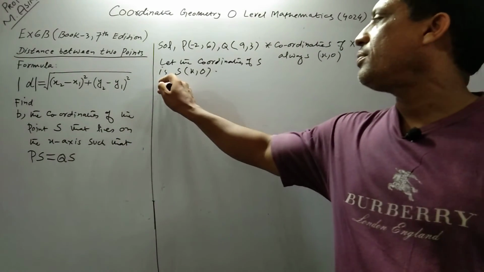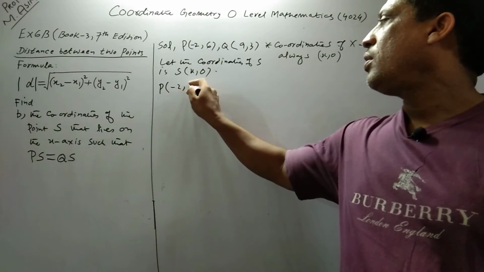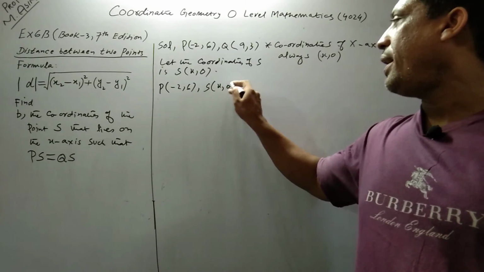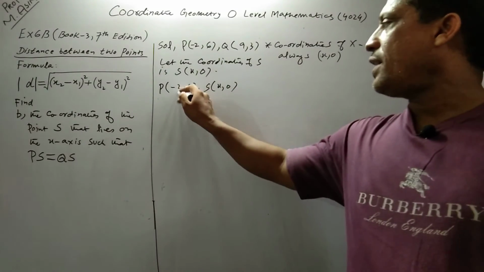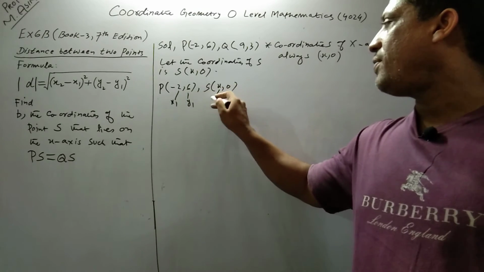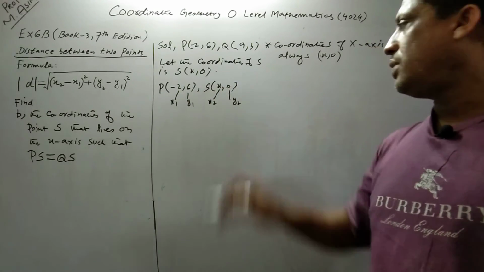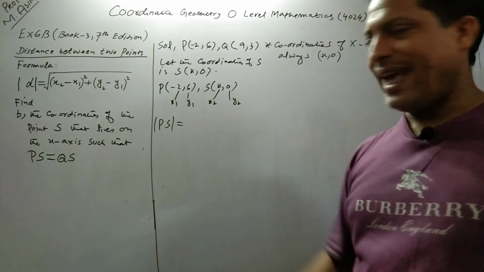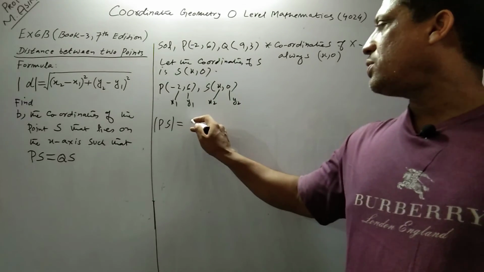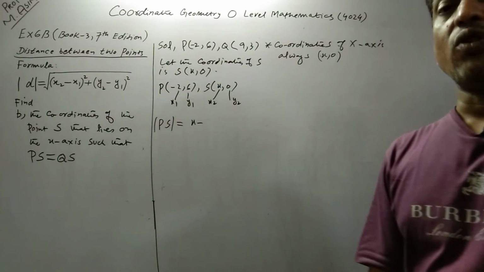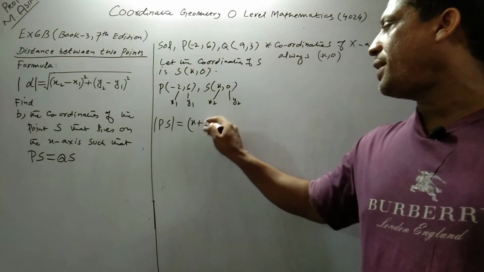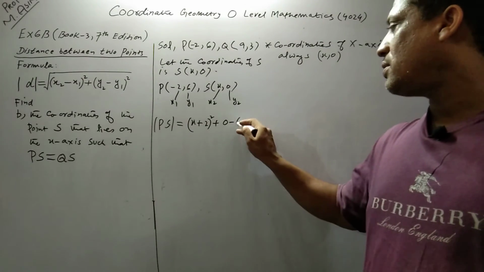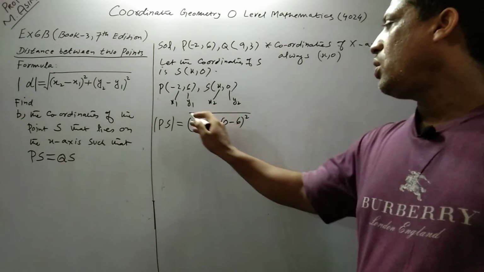First we need the coordinates of P (2, 6) and S (x, 0). This is x1, y1, x2, y2. Therefore, the distance PS is the square root of (x2 minus x1, x1 is already in minus sign, so x plus 2) whole square plus (y2 minus y1, y1 is 6) square.